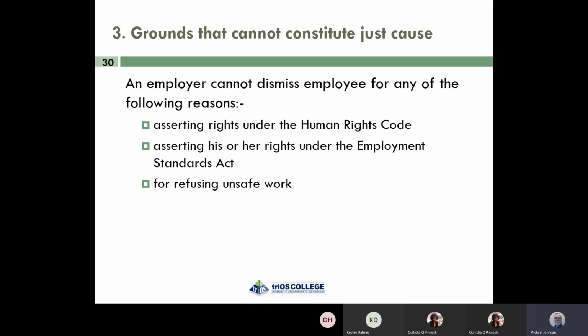For refusing unsafe work, I've met an awful lot of people who did not refuse unsafe work and became paralyzed in some situations. In other situations, lost hands, fingers, lost feet. I remember a guy, we used to joke around a lot, played soccer together, and he had lost his arm.